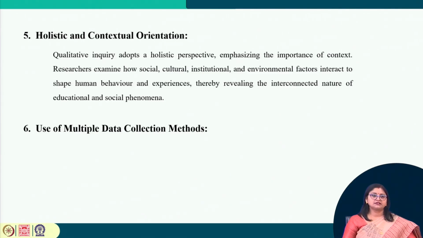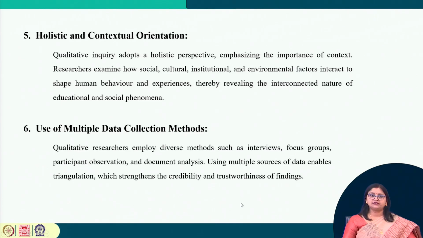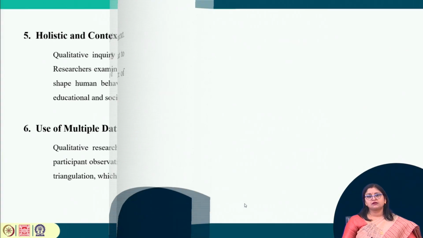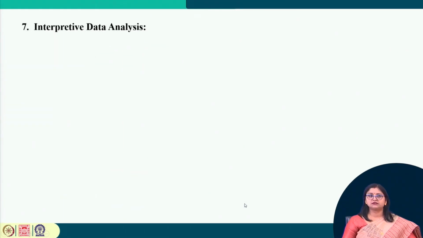The sixth characteristic is use of multiple data collection methods. Qualitative researchers employ diverse methods such as interviews, focus group discussions, participant observation, document analysis, etc. Whichever is feasible, they can use it. Using multiple sources of data enables triangulation, which strengthens the credibility and trustworthiness of the findings of the study.